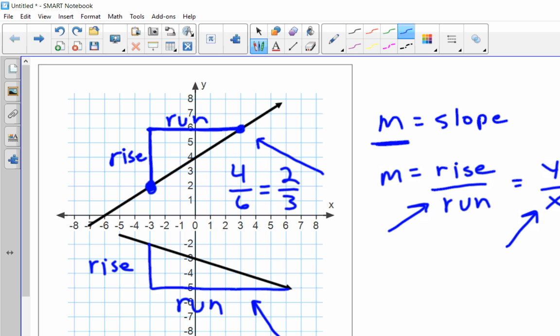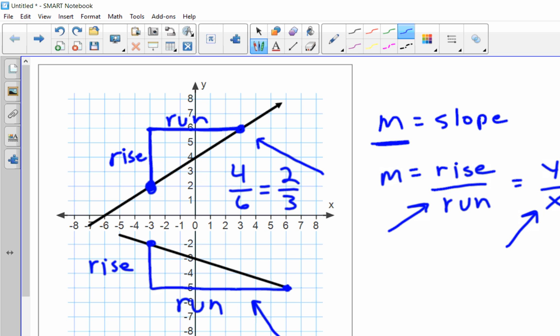This one on the bottom, I just want to show you the slope can be negative too. As you read this line like a book, left to right, it's going in a negative direction. So this has to have a negative slope. Once again, I can find two points on the line and find the change in y, or the rise, and put it over the change in x, or the run.